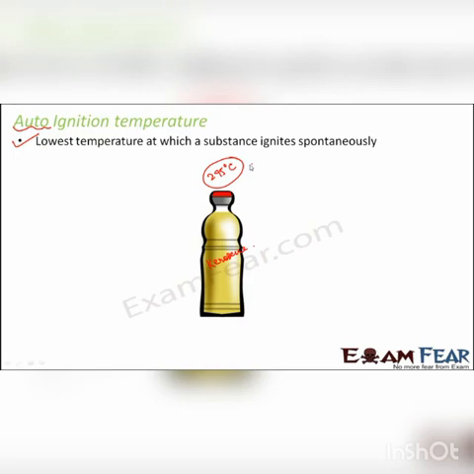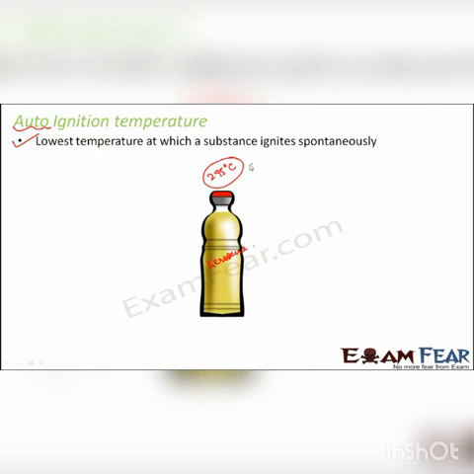This means that kerosene has a flash point in the range of 38 to 72 degrees Celsius. That means within that temperature range, it can get ignited only with an external ignition source. But if there is no external ignition source, kerosene by itself will not catch fire until and unless it has reached a temperature of 295 degrees Celsius.